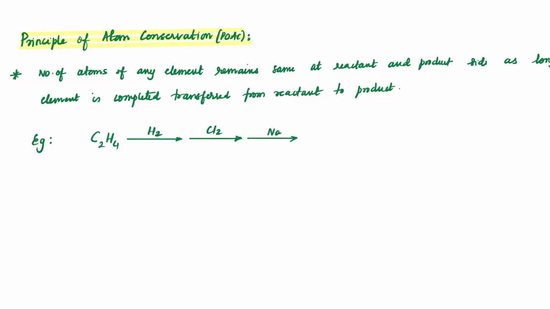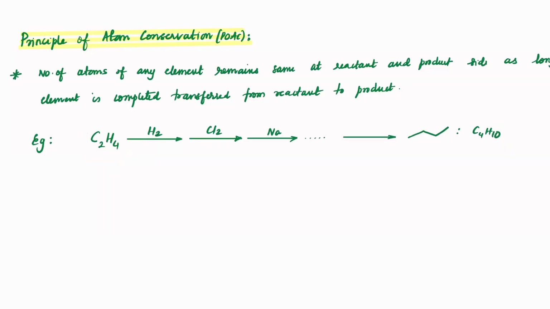After all these reactions, the last product I'm getting is a product like this. This product basically represents C4H10. So many reactions are being done in between this reactant and product.